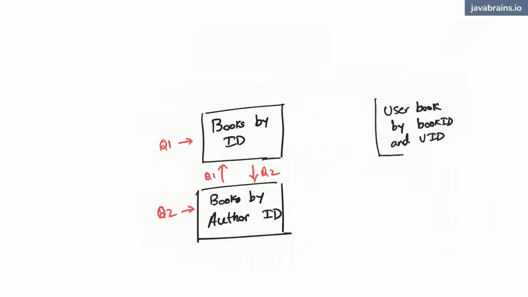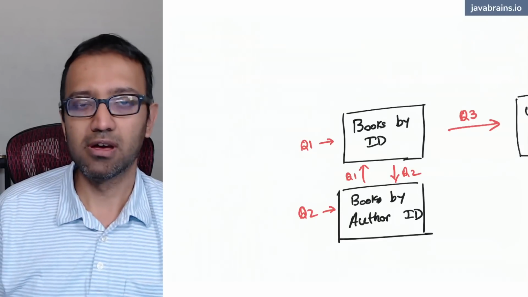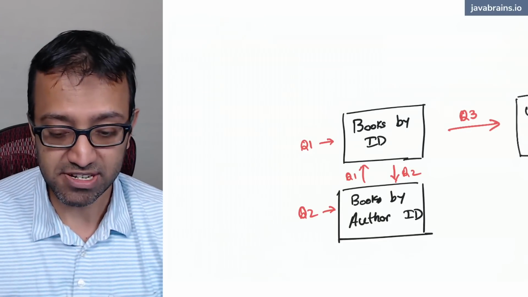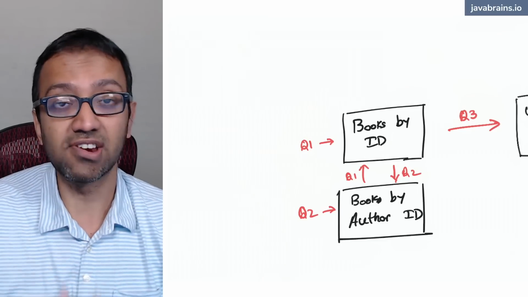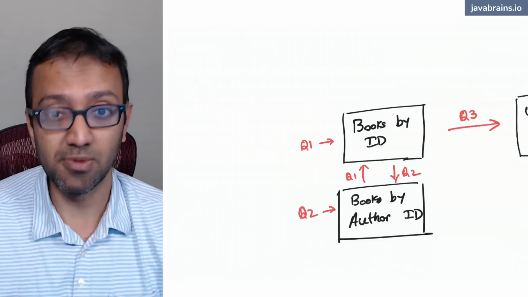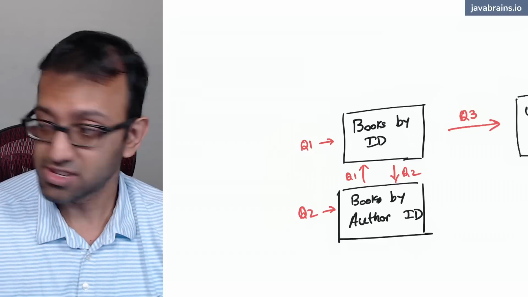Okay, we are going to get for a given user and a given book, what is the user's rating and what is the user's metadata about that book. So this is going to be Q3. When somebody has loaded a book, we want to get the information about the current logged in user's interaction with that book. So this is going to be another query that we're going to have. All right, so this is Q3.